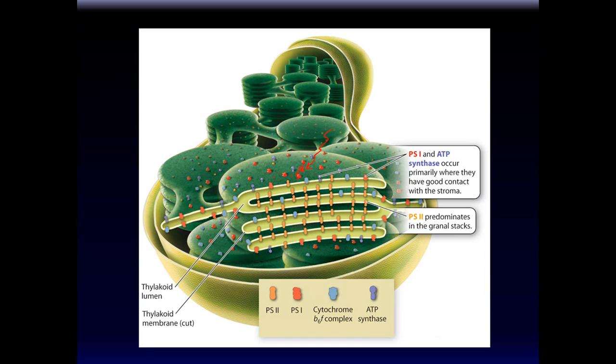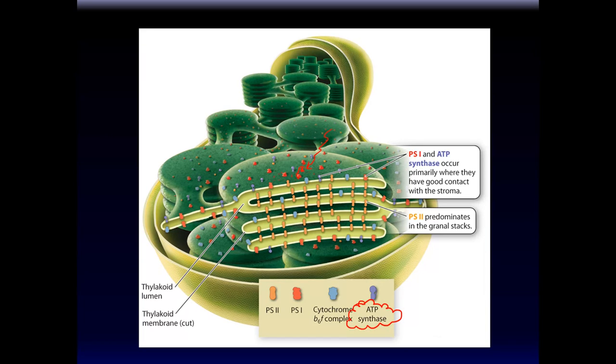So the thylakoid membrane is studded with the key players, and they are given names. They're called PS2 and PS1, Photosystem 2 and Photosystem 1. PS stands for photosystem. And there are other proteins, the cytochromes, and then the famous ATP synthase, a very cool protein.